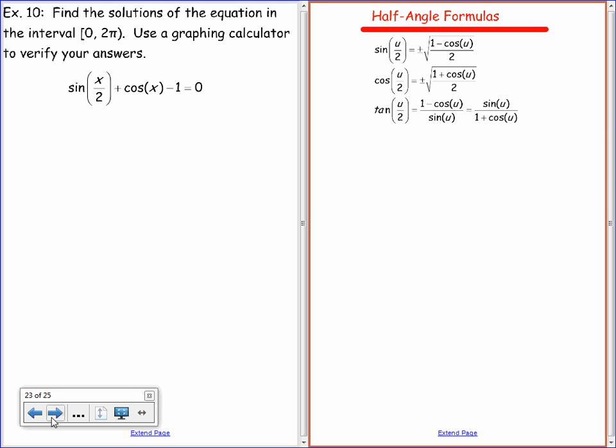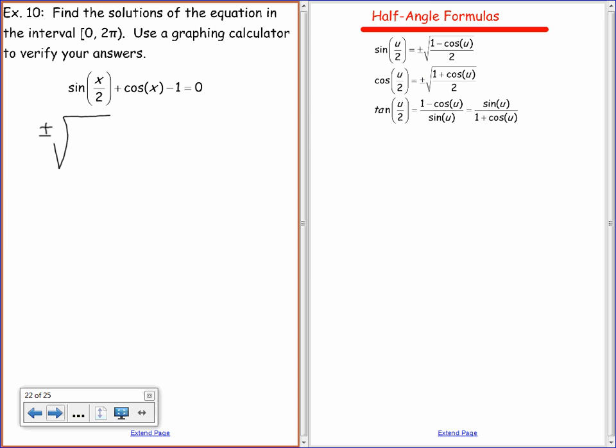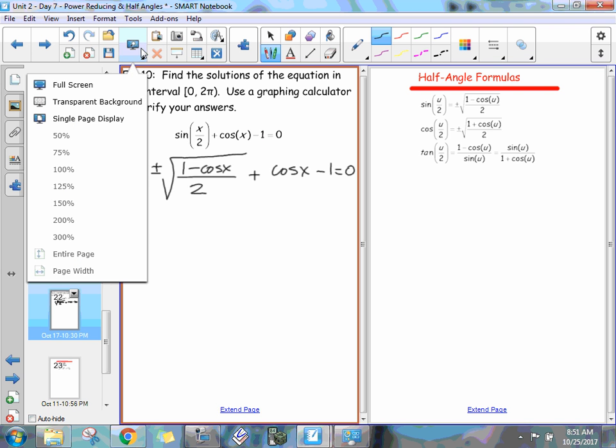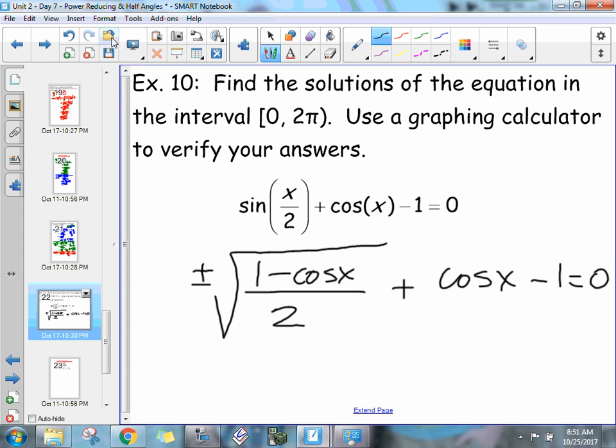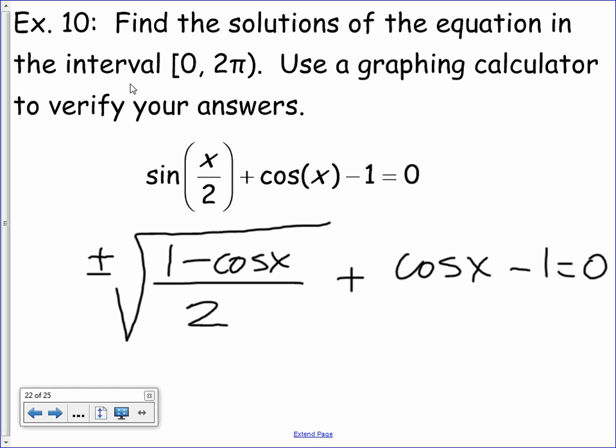Sine of x over 2 is going to be plus or minus the square root of 1 minus the cosine of x over 2, plus the cosine of x minus 1 equals 0. I don't need this second thing anymore. I've used it, that was the whole deal. So we're going to stop right there.